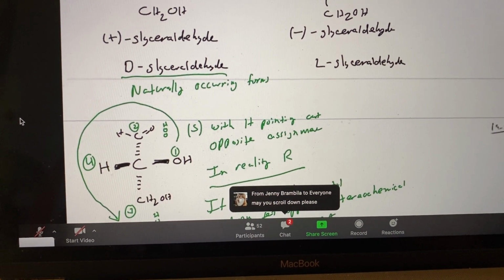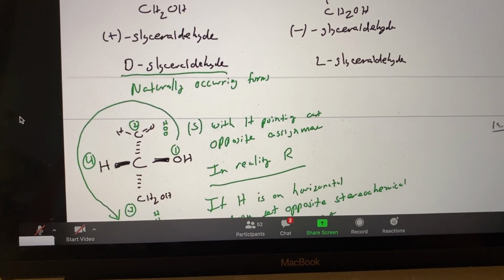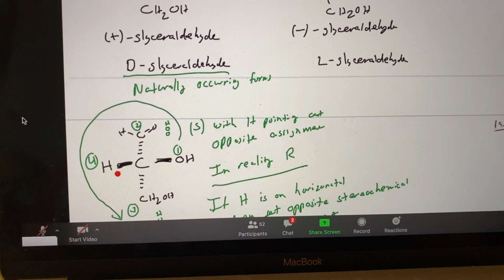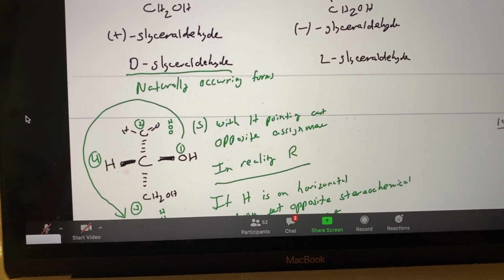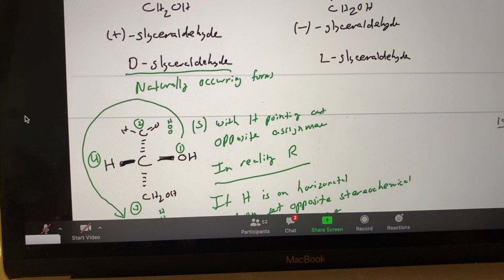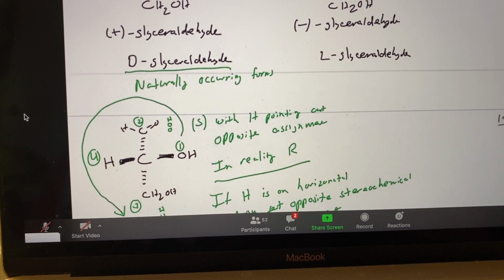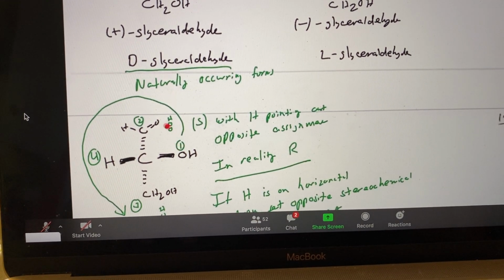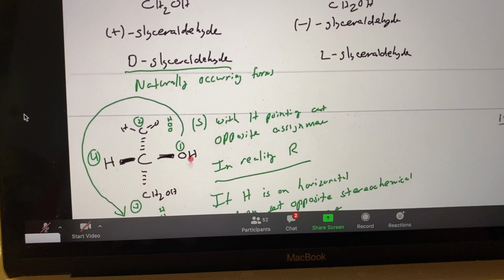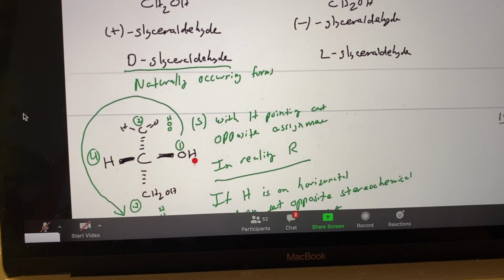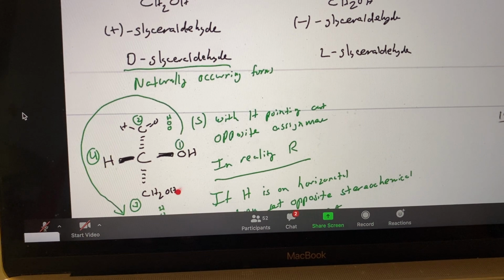And then as long as the lowest priority, which is usually a hydrogen, it doesn't have to be a hydrogen, but the lowest priority is on the horizontal line, when you go through the clockwise or counterclockwise motion, you get the opposite. And so here, that's why we had 1, 2, 3, going around. It's counterclockwise, which in the imaginary sense would be S, which means in reality it's going to be R.